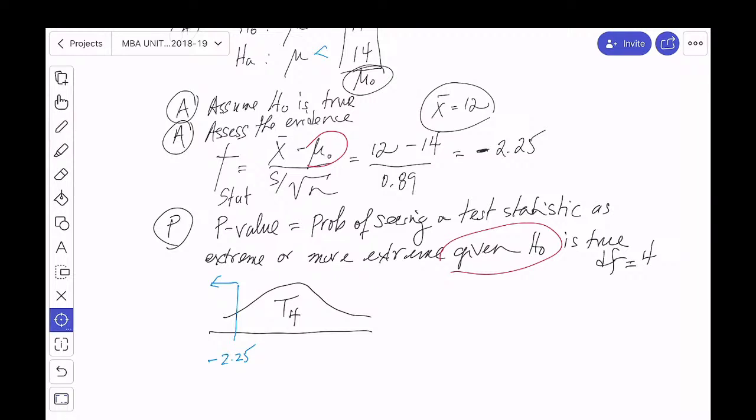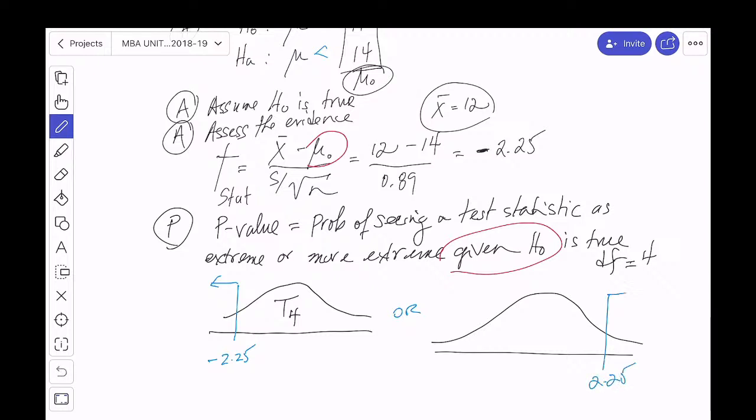So let's see, negative 2.25, we know how to read the tables, we have to convert this into the right side. And go to the fourth row. So on the fourth row, 2.25, where is it?